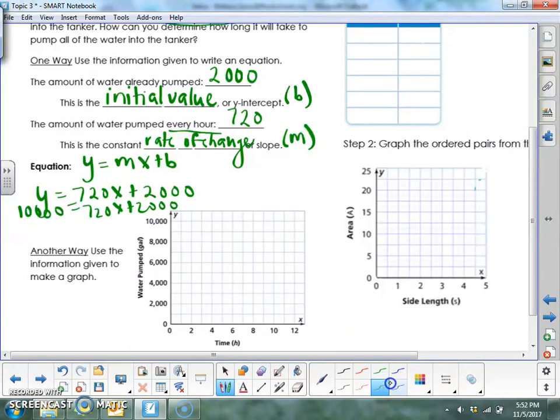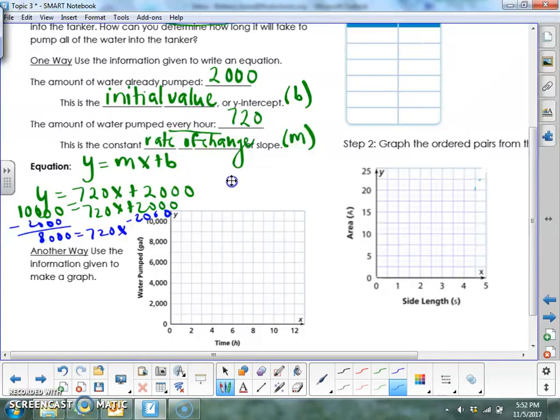So if I go ahead and solve this, I would subtract 2,000 from both sides, and I would get 8,000 equals 720x.